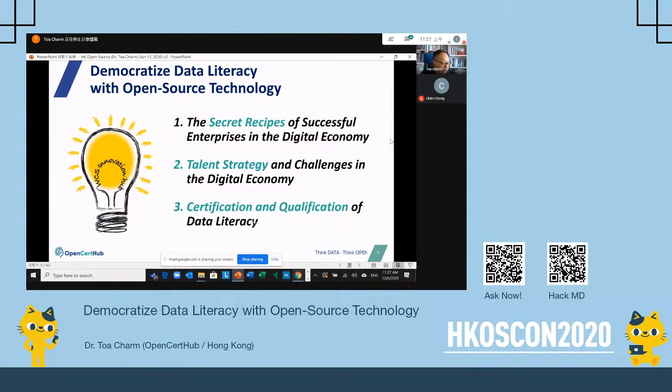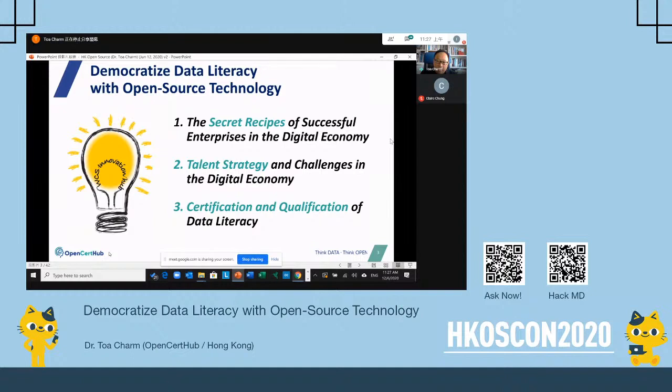The second point is talent strategy. We see the leading enterprises and their secret recipes, but without talent it is very difficult to make it happen, so the second point is talent strategy in the digital economy. Last but not least, how do you know a talent is a talent?